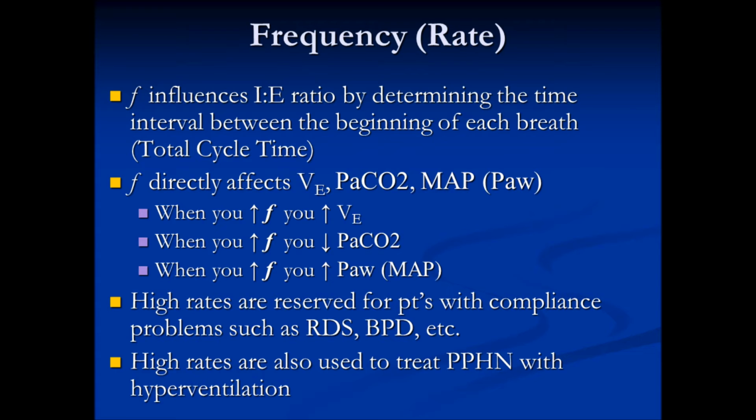So high rates are reserved for patients with compliance problems, and we will talk more about the neonates that have these issues, or infants and neonates, not just neonates. So you know the difference between a neonate and an infant.